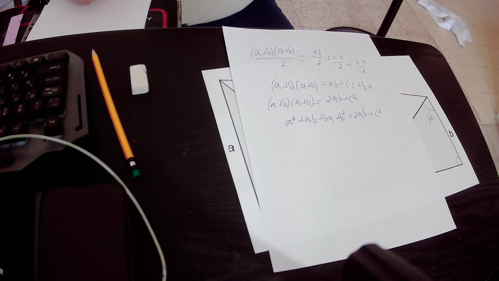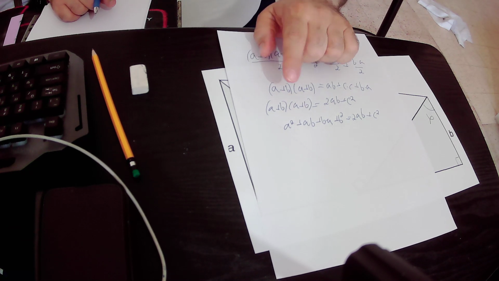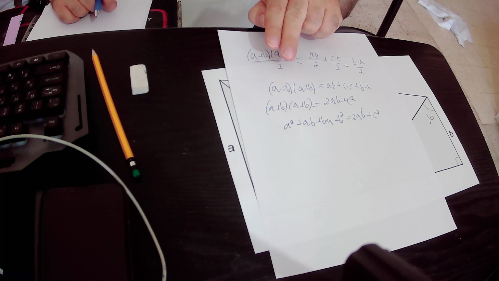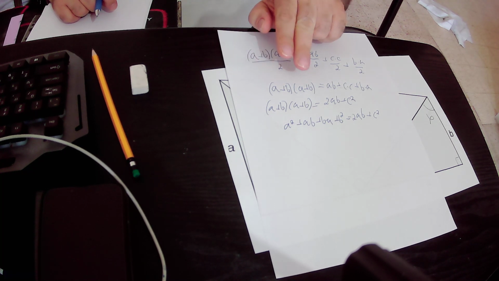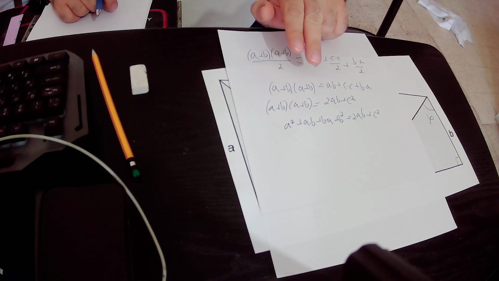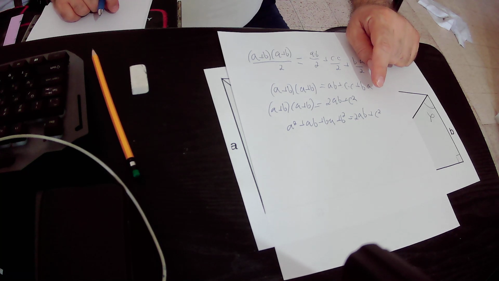So after we open the brackets, we get that A times A is A squared, A times B is AB, B times A is BA, and B times B is B squared, all equal to 2AB plus C squared.